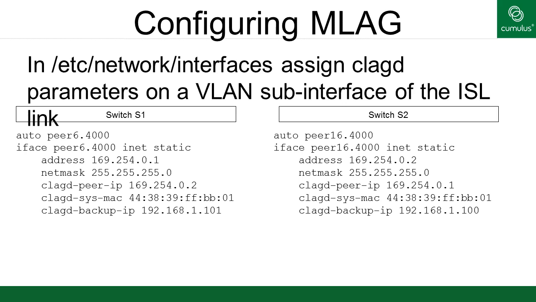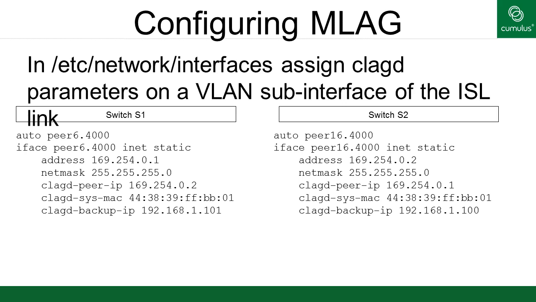And this is probably the management interface IP address. And it's shown here that switch S2's management IP address is probably 192.168.1.101. And this provides that backup link I was talking about to handle the split brain versus dead peer situation. And that's it. Once you configure that, you're able to bring up an MLAG.